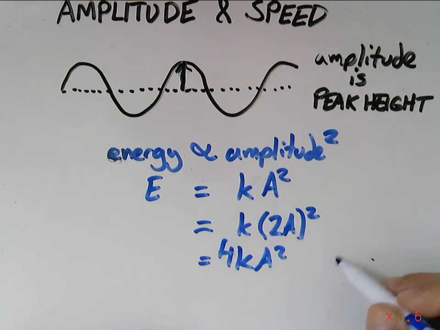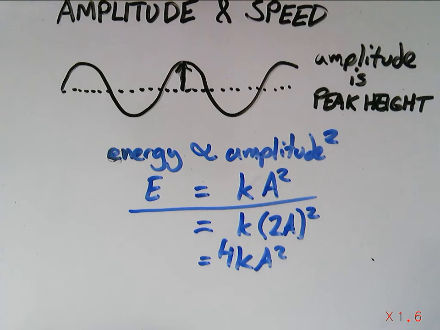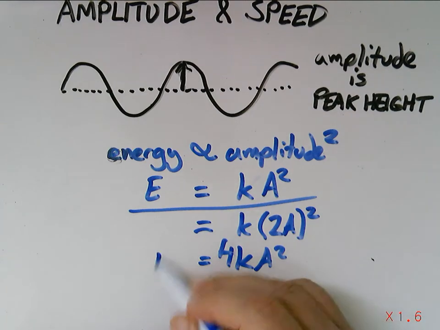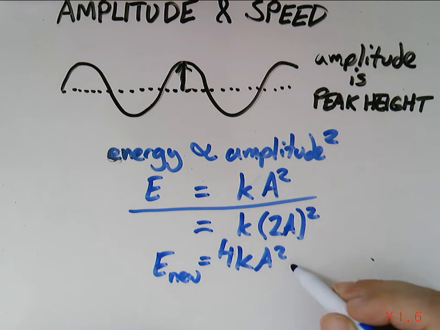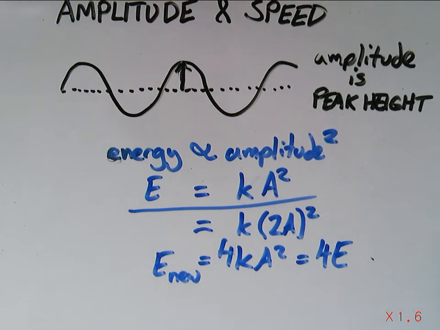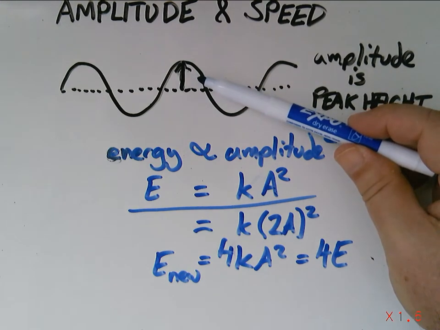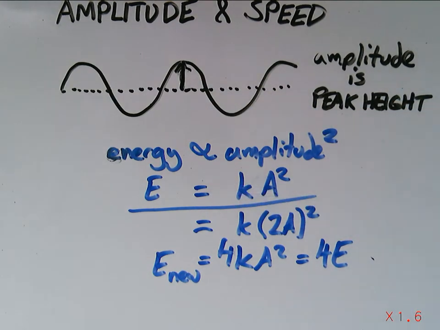So the new energy will be 4 times the old energy. So here's the important thing about that. If you doubled the height of the peak, that's going to quadruple the energy that the wave is carrying.